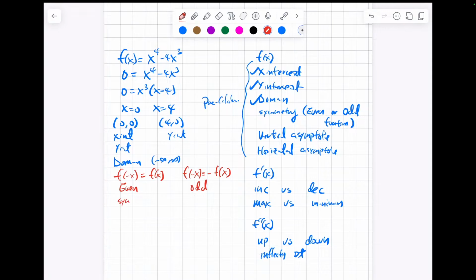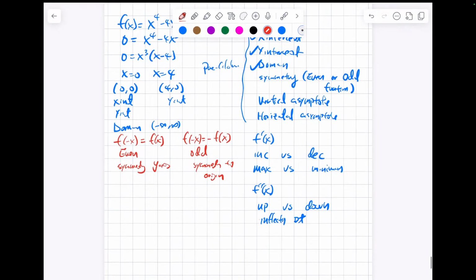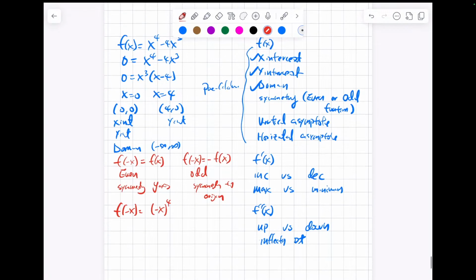Even has symmetry to what? The y-axis, kind of like x squared. And odd has symmetry to the origin. Now you can have a neither, which is not the opposite and not the original. So in this case, f of negative x is negative x to the fourth minus 4 times negative x to the third, which is x to the fourth plus 4x to the third.